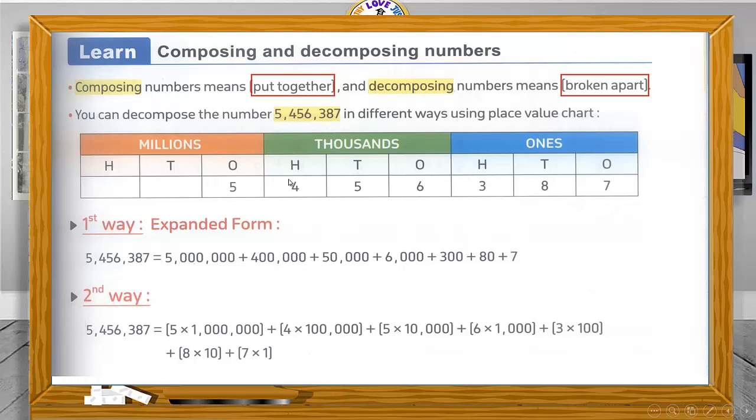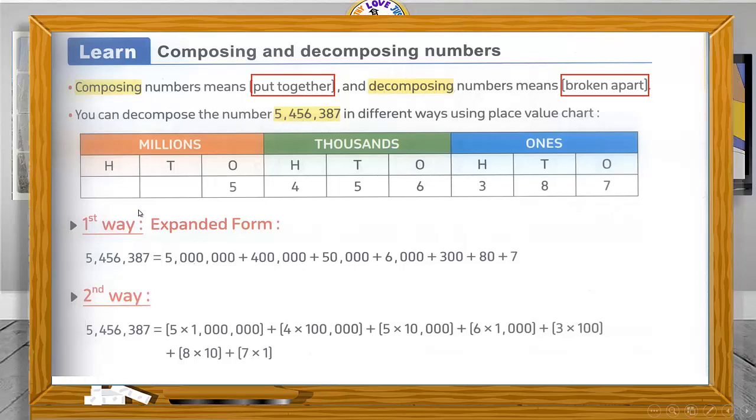We have here our place value chart, and we have two ways to decompose the number. First way, expanded form. That meaning if it tells you decompose this number, you can write the number in expanded form. This is your answer.